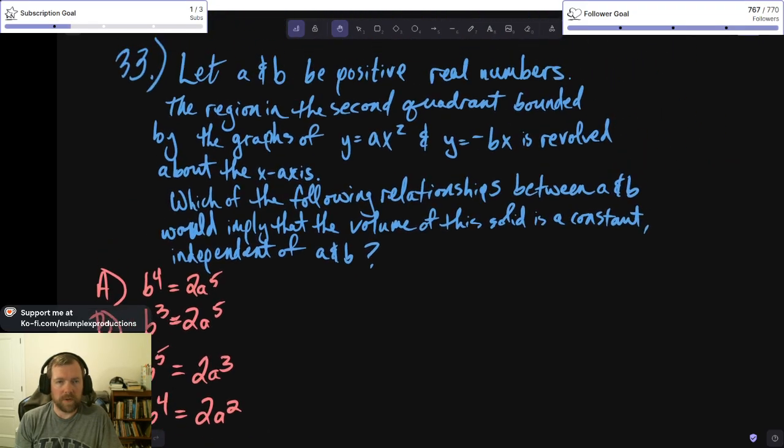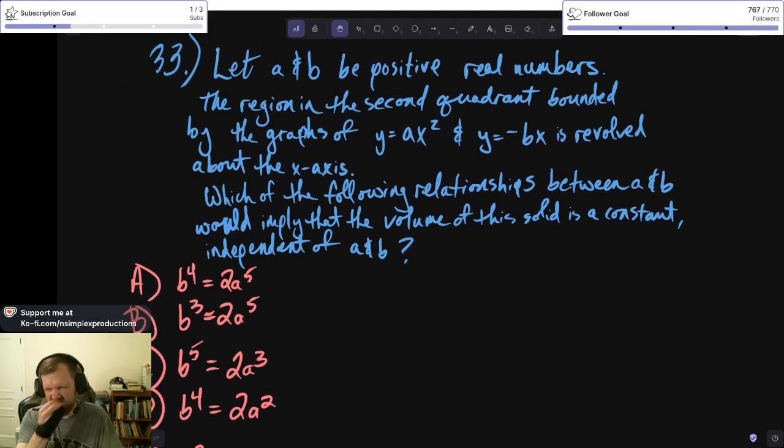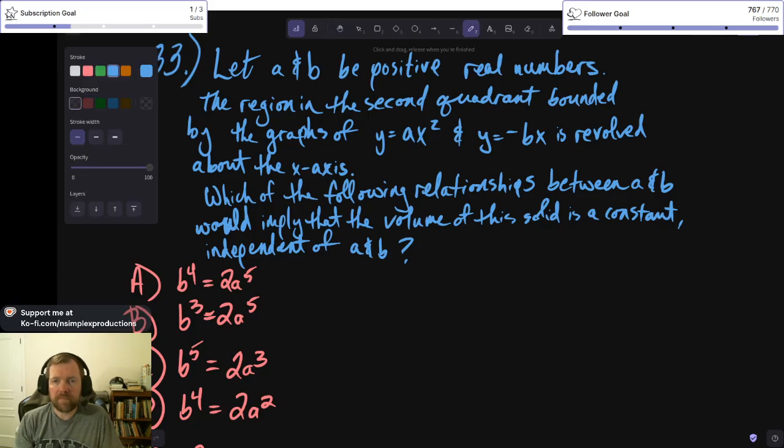So if we're doing it for real, we're saying that in the second quadrant ax squared is a positive number, and negative bx, again negative b being a negative number.